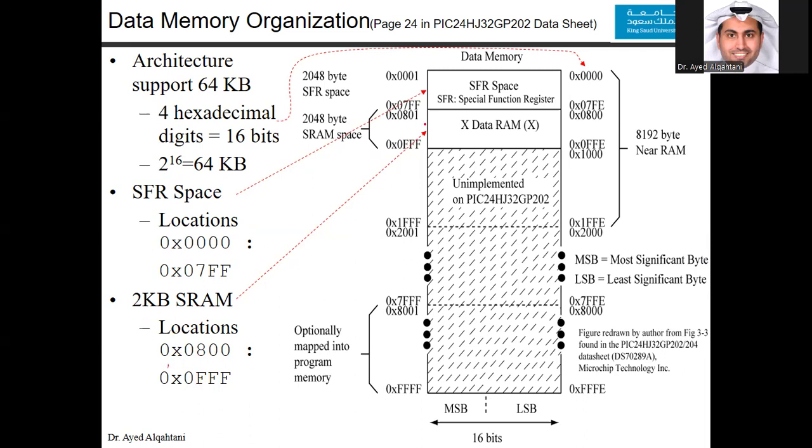Now, it's important to know that in data memory, what we are saving in this region is the variables. They are the variables that we have in our code. So if one of the instructions has two variables that you need to do some operation on, the first and the second variable will be stored in this region.